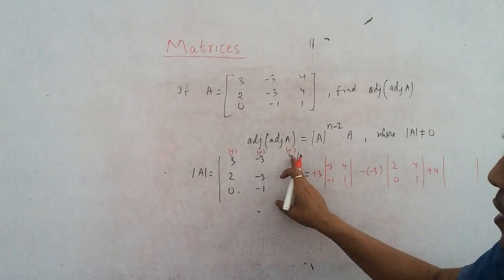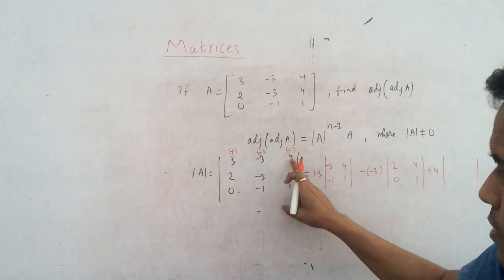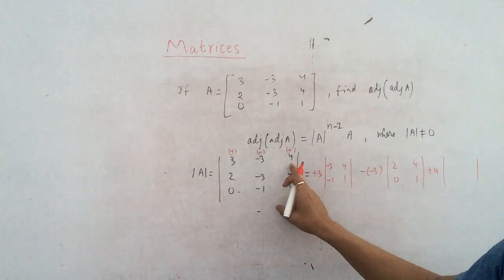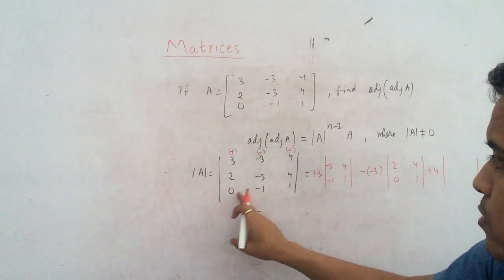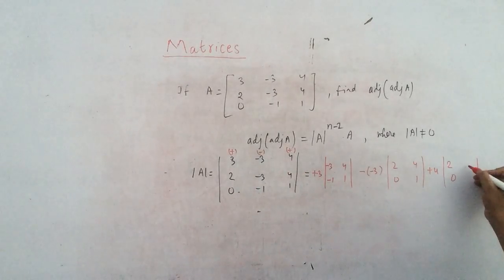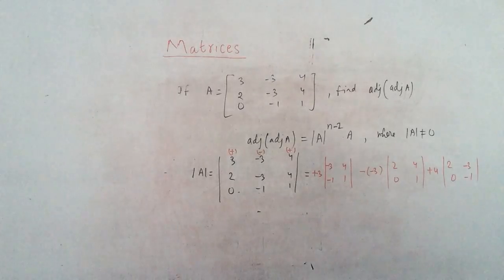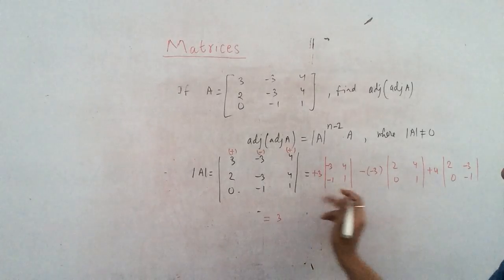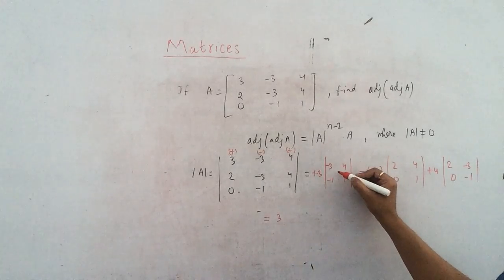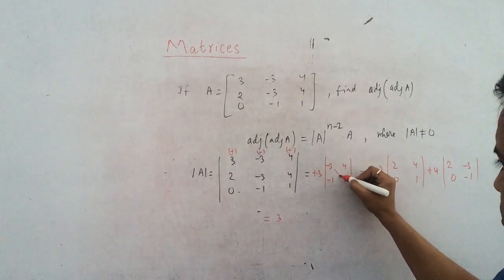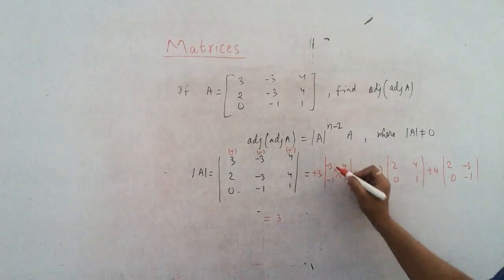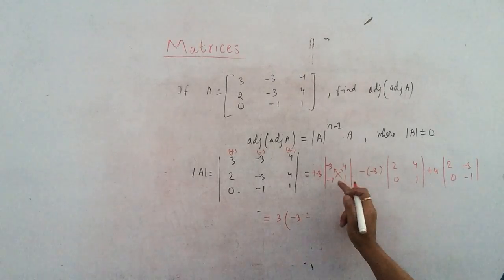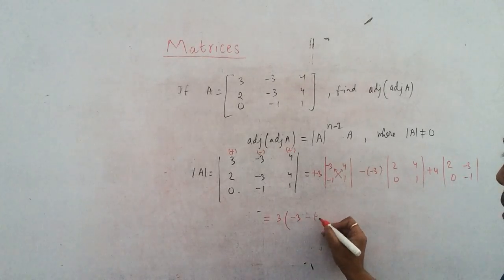Plus 4. Leave this row and this column, because you have chosen plus 4 here. So what would you get? 2, 0, minus 3, minus 1. Okay, so solve it. How would you solve the determinant of a 2 cross 2 matrix? Left cross minus right cross. 1 into minus 3 would become minus 3. Minus of minus 1 into 4 becomes minus 4.